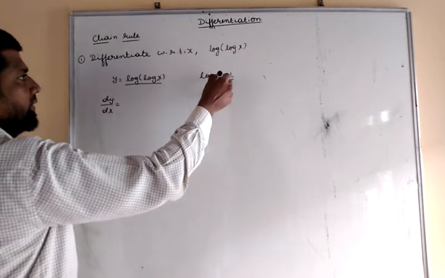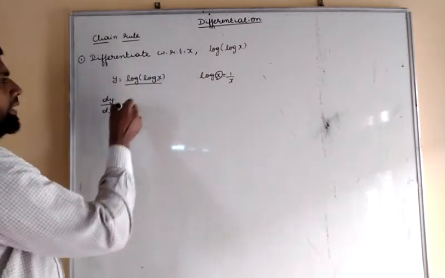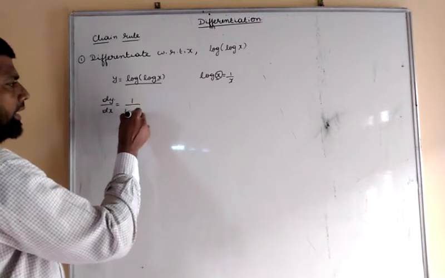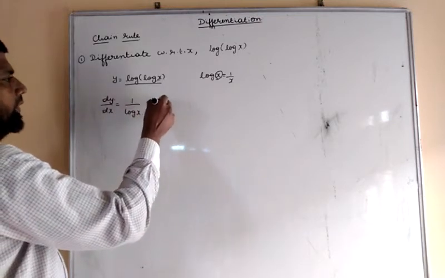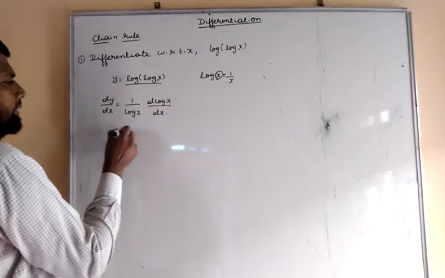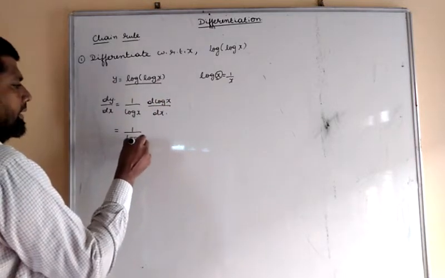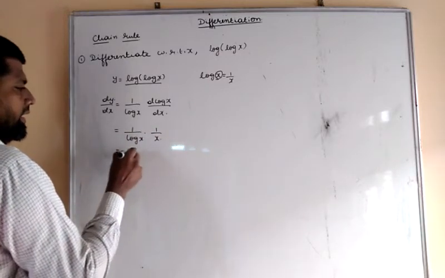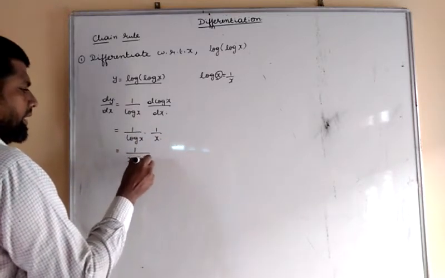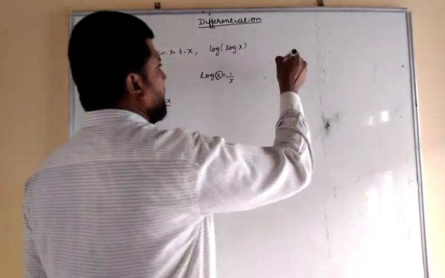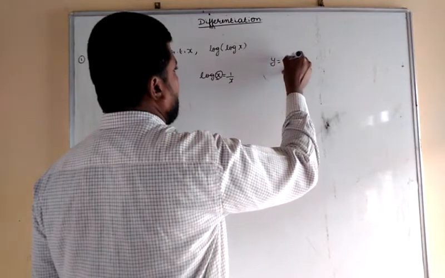In the place of x here, log x is there, so the derivative of log of log x is 1 by log x, and again we differentiate log x, which is 1 by x. So 1 by log x into 1 by x gives 1 by x log x.